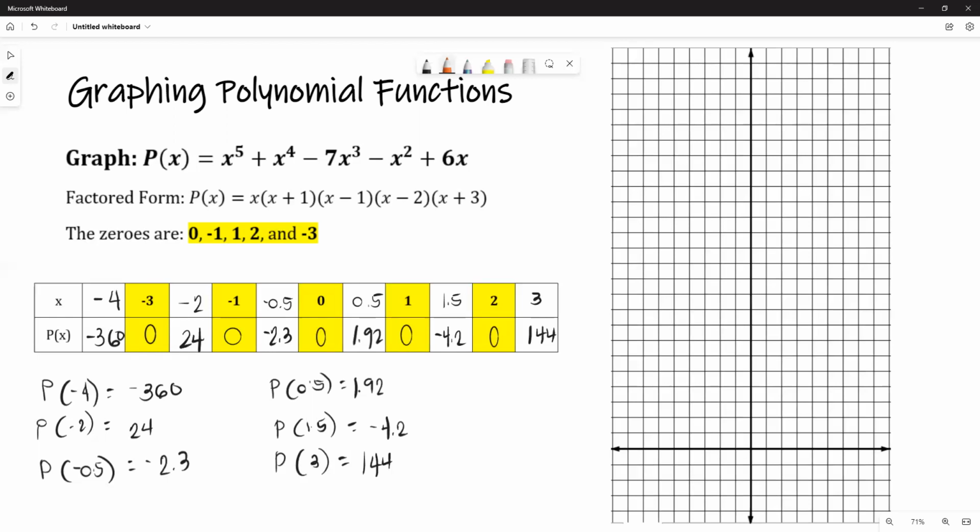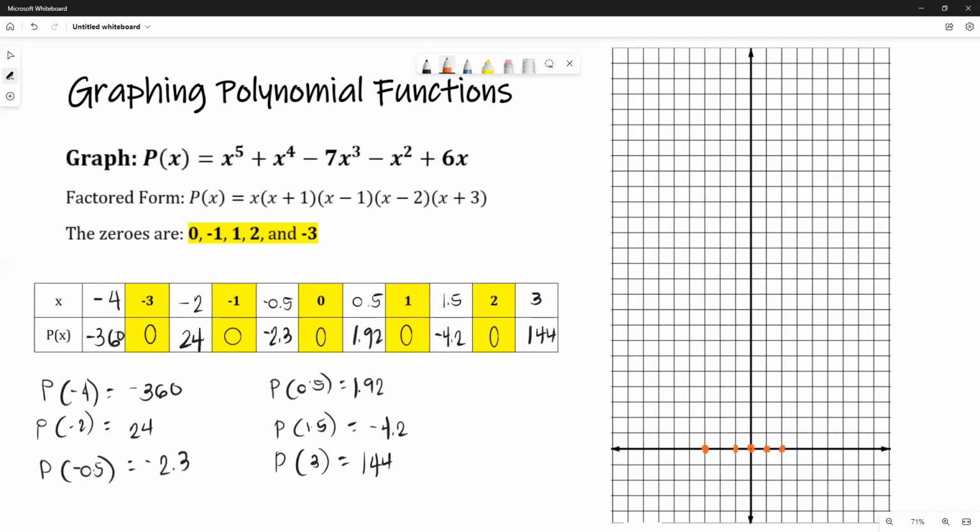So negative 3, 0 is here. Negative 1, 0 is here. 0, 0 is here. 1, 0 is at this point. And finally, 2, 0 is this point.